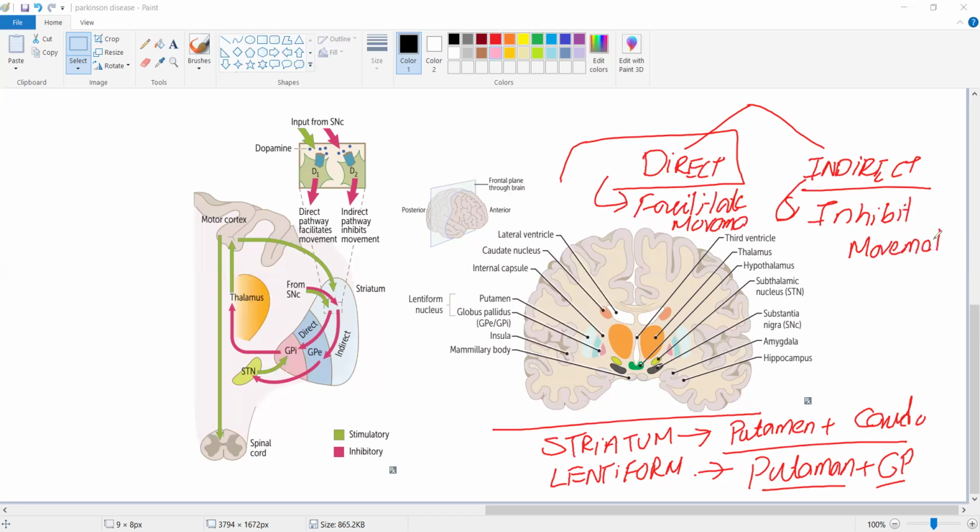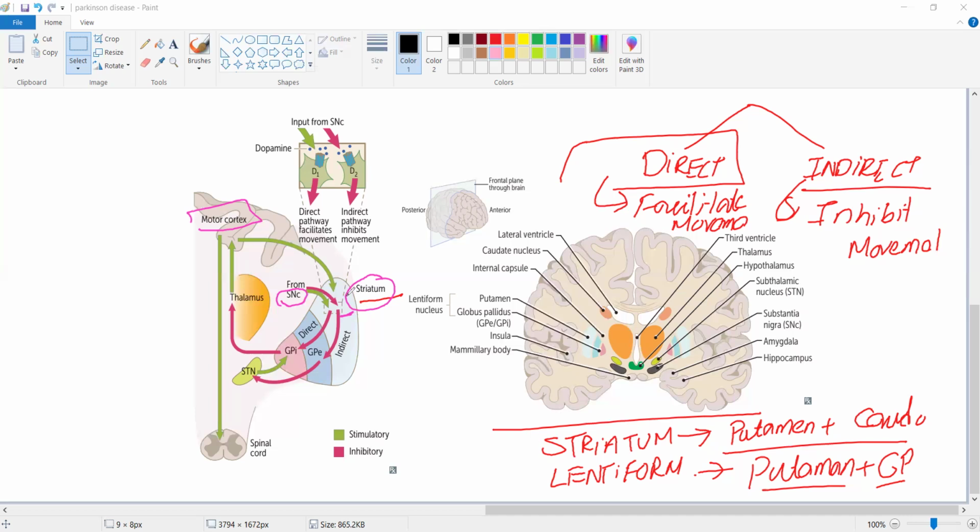Okay. So this is the striatum, right? And this is substantia nigra, and this is a motor cortex. Motor cortex input on striatum releases glutamate, right?